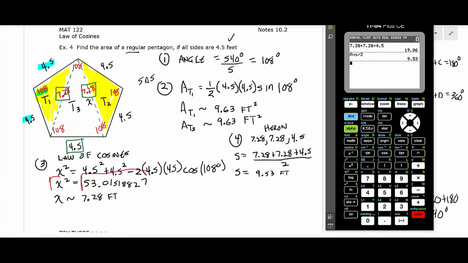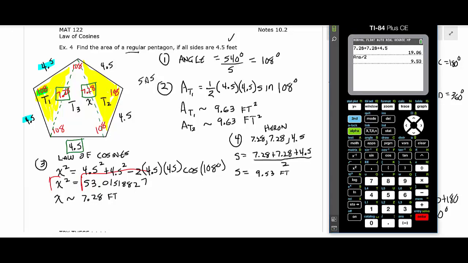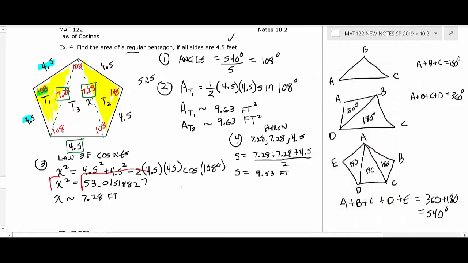Then I'm ready to go to Heron's formula. The area is going to be this big square root of the semi-perimeter times the semi-perimeter minus each side. So the sides are 7.28, another 7.28, and finally 9.53 minus that given side of 4.5.